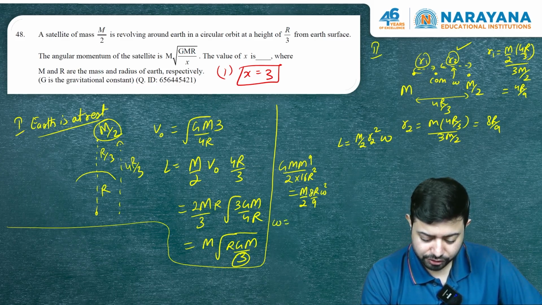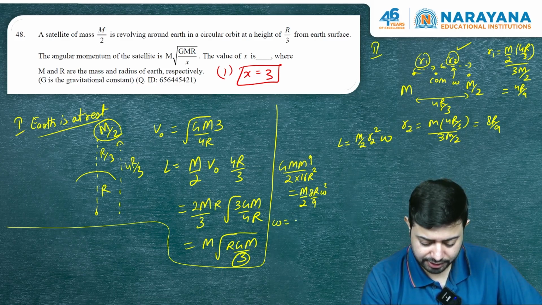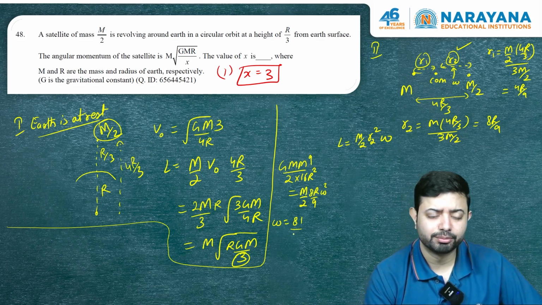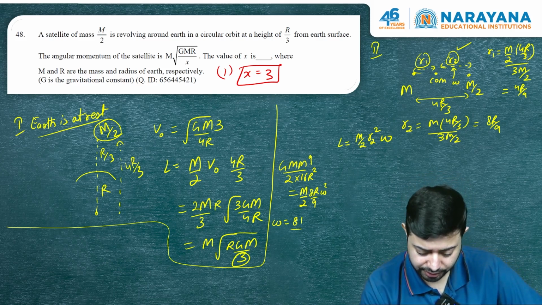2 ones are 2, 2 fours are 8, this 16, 2 nines are 18, that is going to be 81. So, overall it will be 81 divided by 4, 4 twos are 8, 16 into 4 is 64, into 2 is simply 128. Okay.